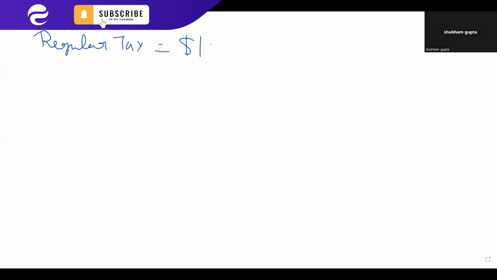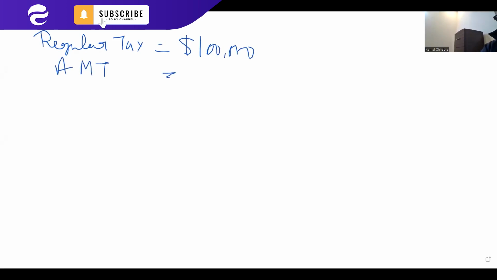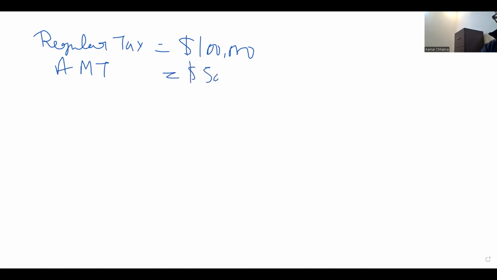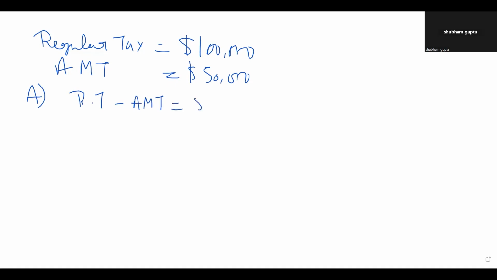So here, first, let's understand the initial example we were discussing. Your regular tax is $100,000, and your alternate minimum tax is $50,000. The A point says regular tax minus AMT, which is $50,000.